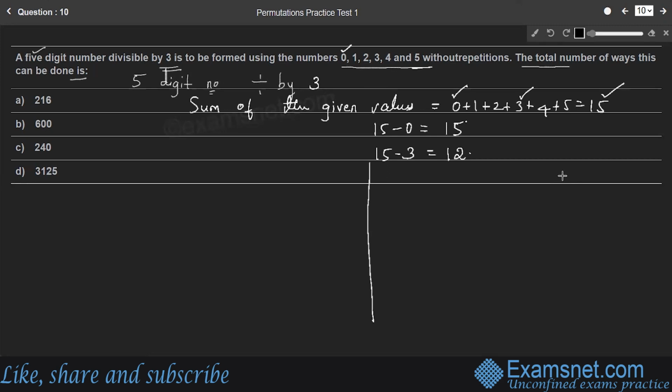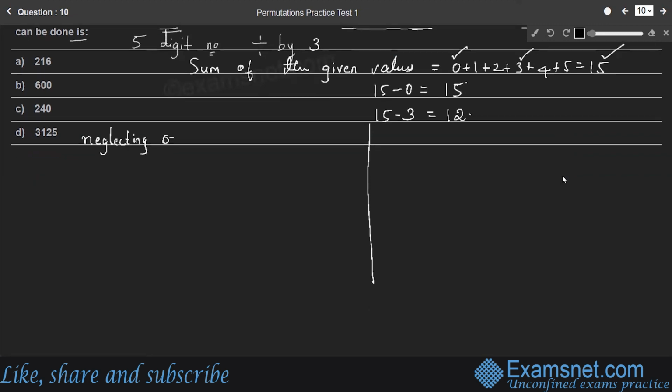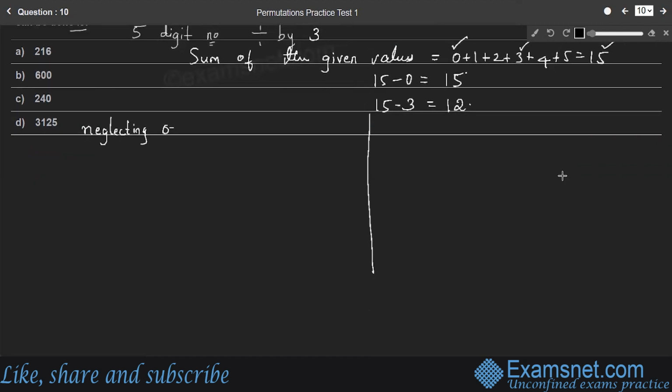So first, neglecting 0. The numbers can be found using the remaining numbers, which are 1, 2, 3, 4, 5. Using these 5 values, how many 5-digit numbers can be formed which are divisible by 3?